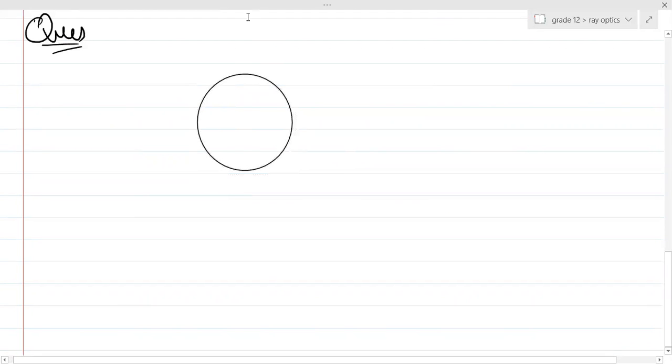This is a glass sphere of radius 10 centimeter, and let us say this is the principal axis.